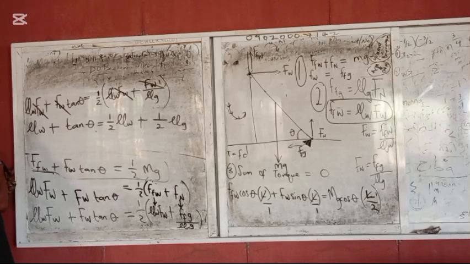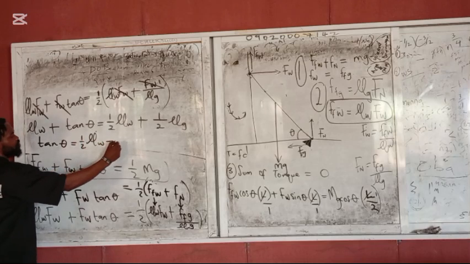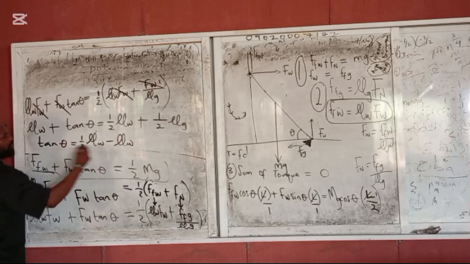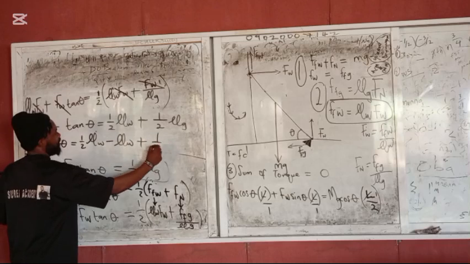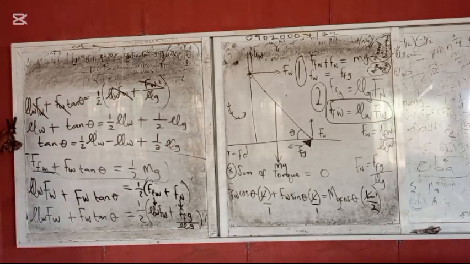So this is the same thing as saying tan theta is equal to half coefficient of the wall minus coefficient of the wall plus. Is it true? Yes. Please be looking well so we don't make mistakes.